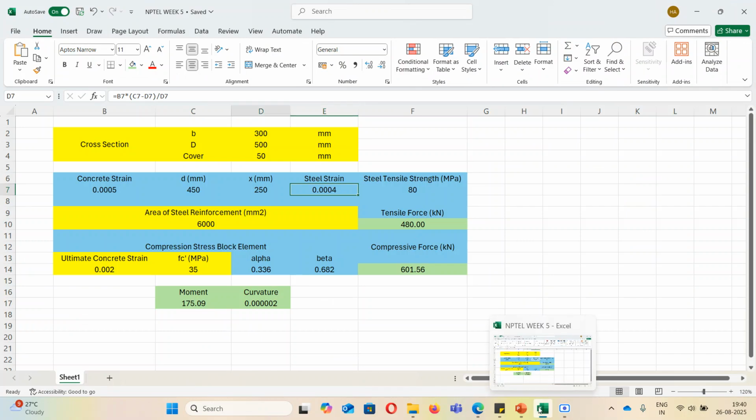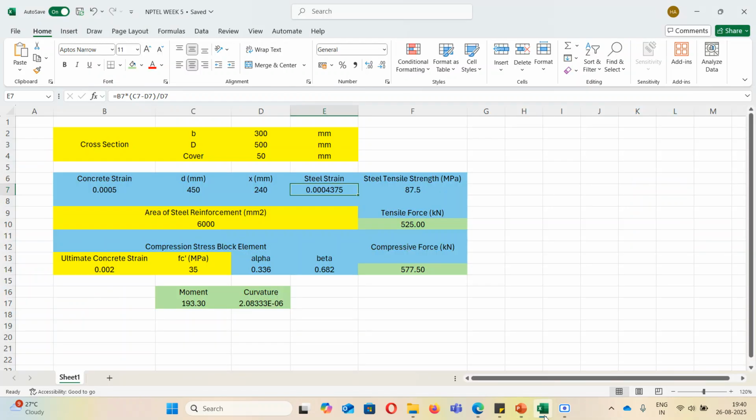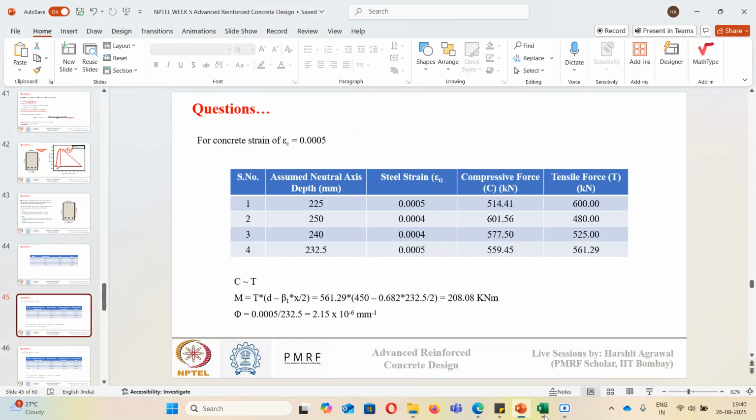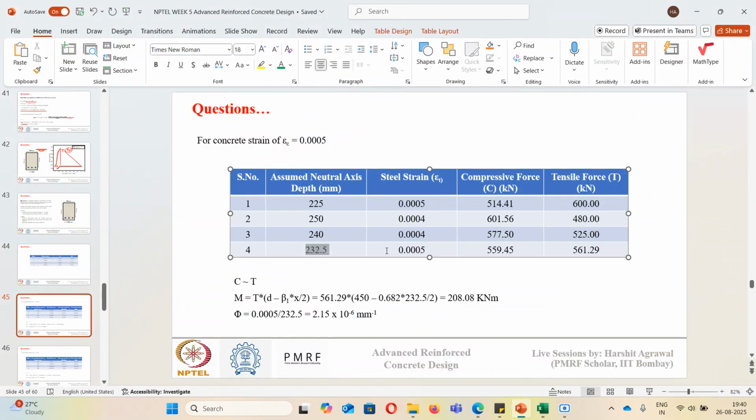So I need to decrease the value of X. I placed 240. At 240 again the compression force was not equal to the tensile force. Then I need to choose one more value. This iteration I will do quickly here and I can get the value. At 232.5 I found that they both are very close to each other. So we can fix 232.5 as our final result.